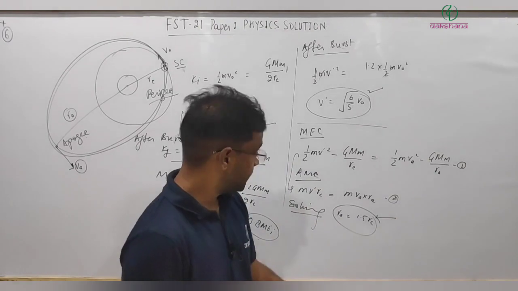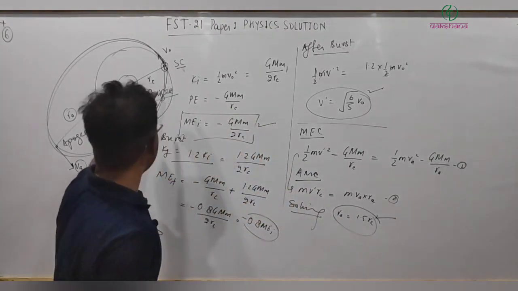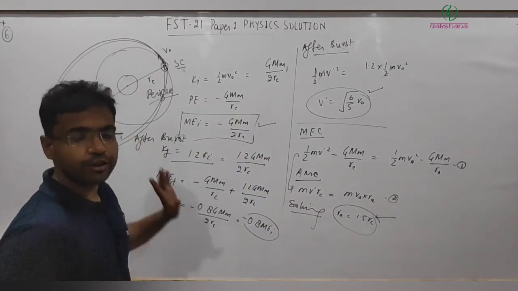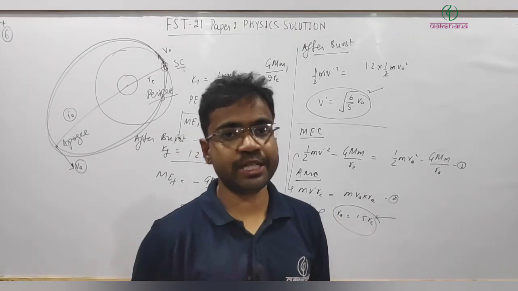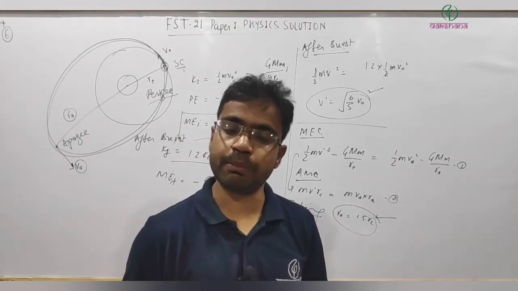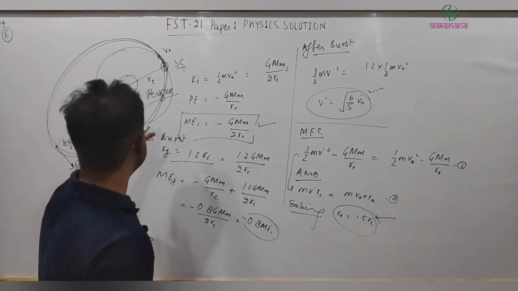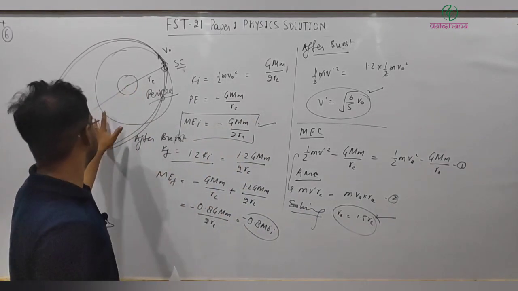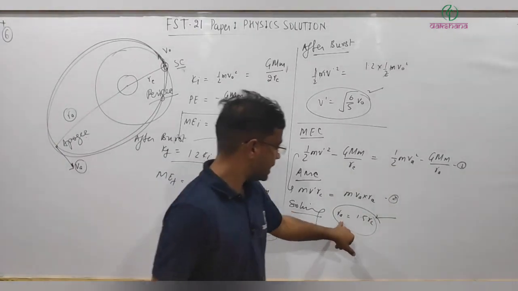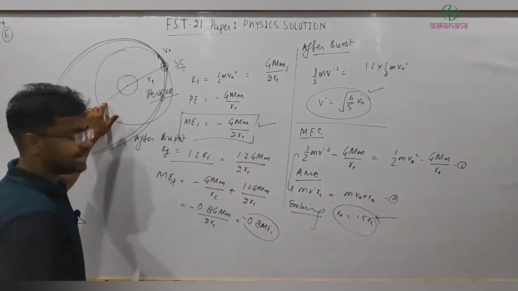So here, the first thing is the orbit becomes elliptical, and you must be knowing that in the case of an elliptical orbit, the time period of a planet depends on the semi-major axis. Clear? Now the semi-major axis has increased.